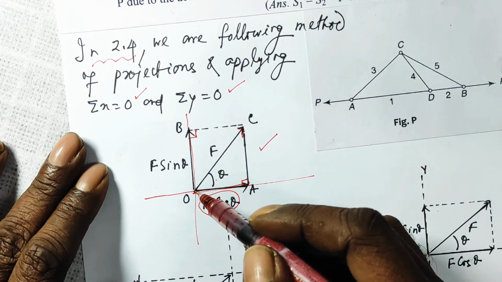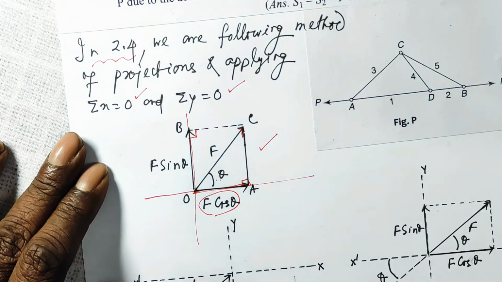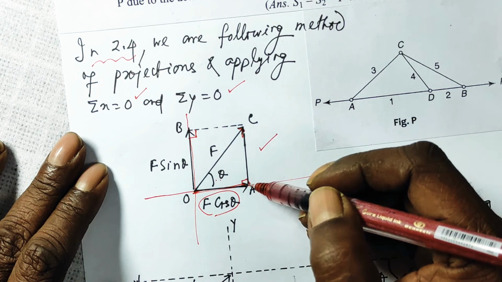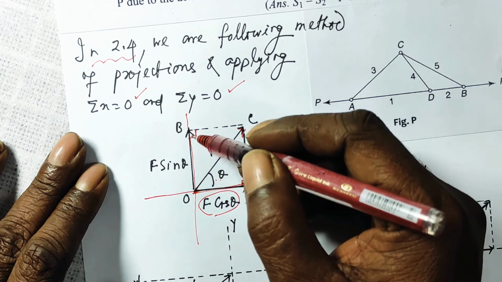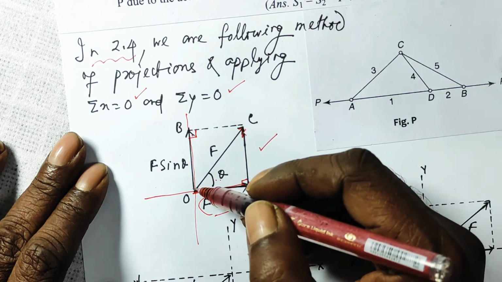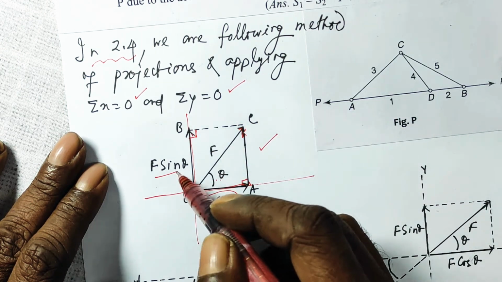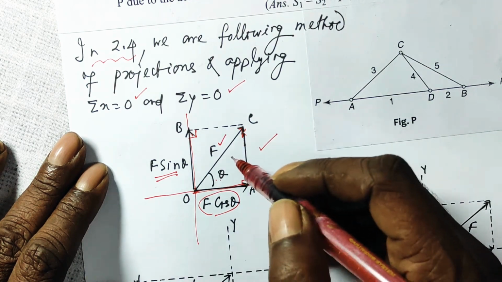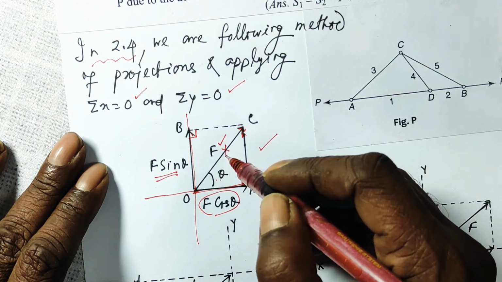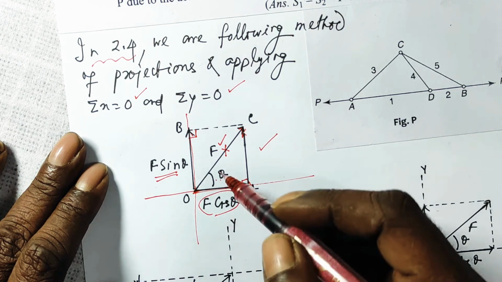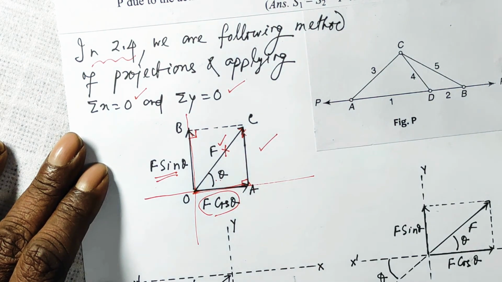Similarly, taking sine of this angle in triangle OAC, you get AC as F sin theta. Since AC is equal to OB and points in the same direction, OB, which is F sin theta, is the y component of the force F. Means instead of considering this force F, you can consider the combined effect of F cos theta and F sin theta.